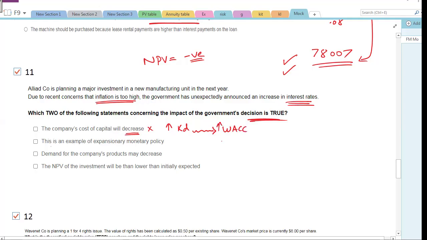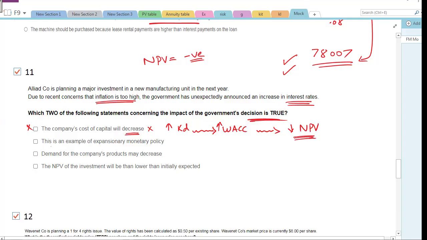So this is wrong. When the cost of capital increases, it means that NPV of the projects will also reduce, right? It has not been asked in here, but this is the first one, so this is wrong. I just wanted to show you what will be the impact on the business when they do the investments.